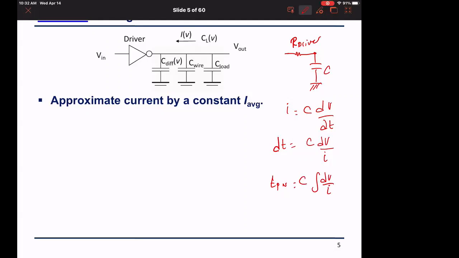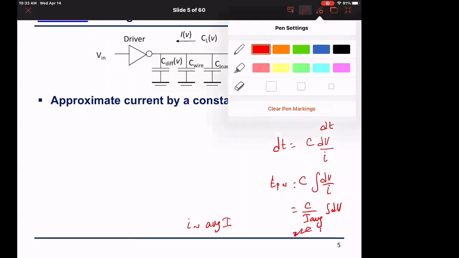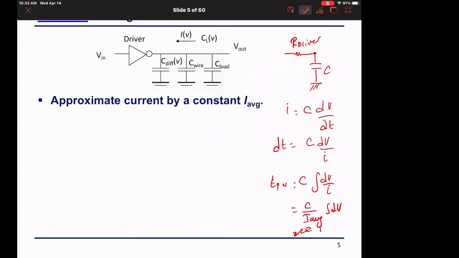But what we're going to say is that if we assume I to be an average current, then this will be equal to C over I average times the integral of dV, which gives C delta V. Therefore TP will be equal to C times delta V over I average.